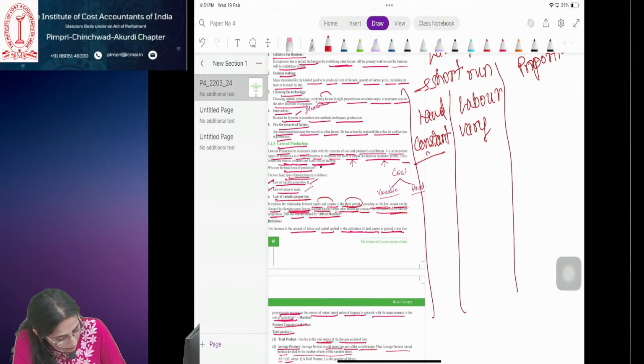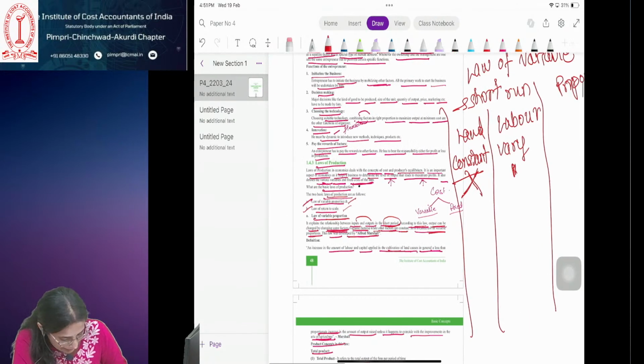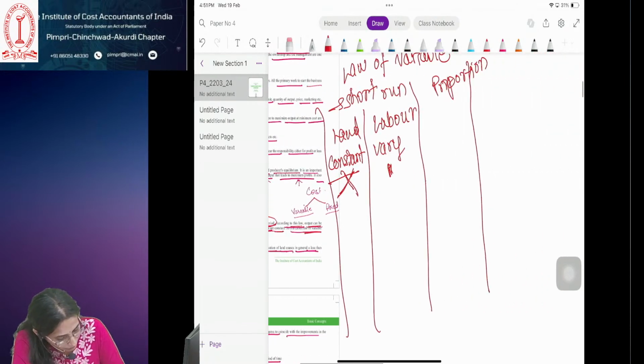This is constant, so there's no issue here. When we go on labor, what we will be discussing here is total output or total revenue.